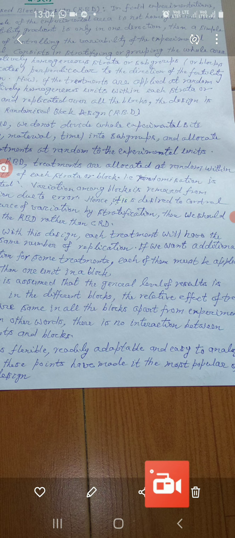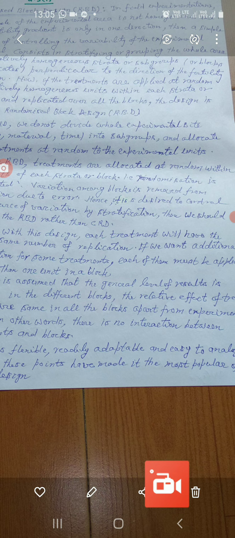In a CRD we do not divide the whole experimental site, meaning space, material, time, into subgroups, and we allocate the treatment at random to the experimental units.